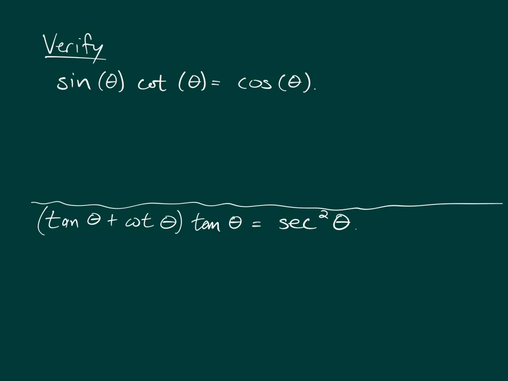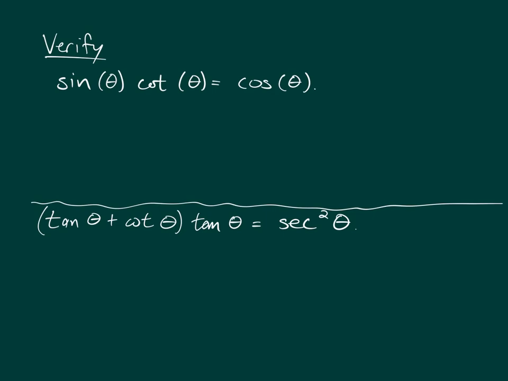So for example, in this first example here, sine of theta times cotangent of theta looks a little more complicated than cosine of theta. And this is going to be easier to simplify anyway. So let's see what happens. Sine of theta times cotangent of theta, well, there's nothing squared here, so I know I can't use any Pythagorean identities.